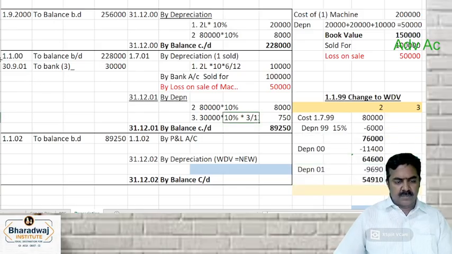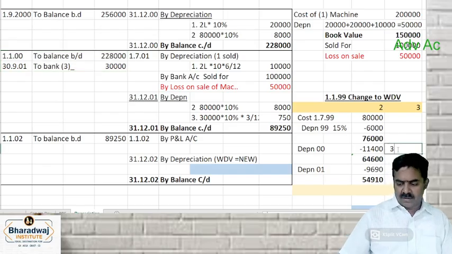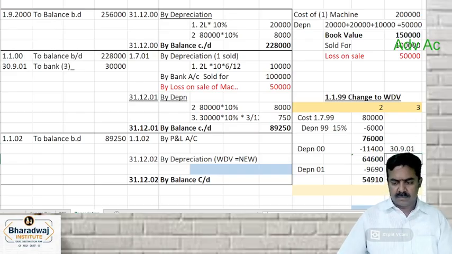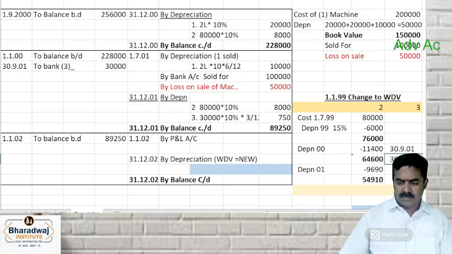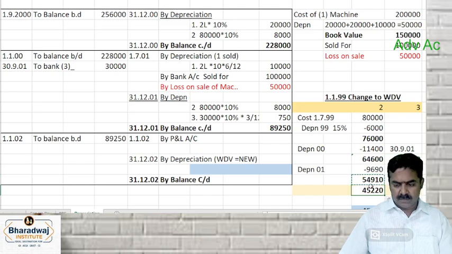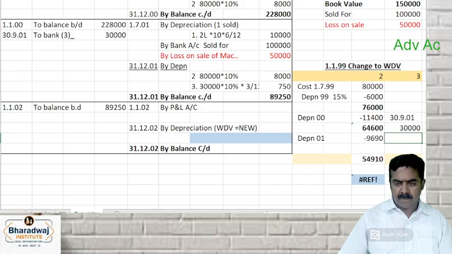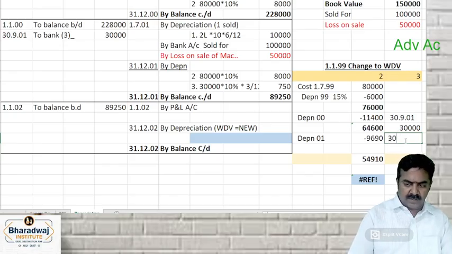The third machine was purchased just in the last year. When did you purchase the third machine? 30th September 2001. Depreciation will be how much? 30,000 into what percentage?